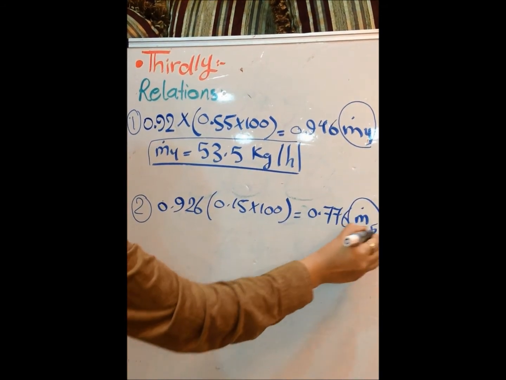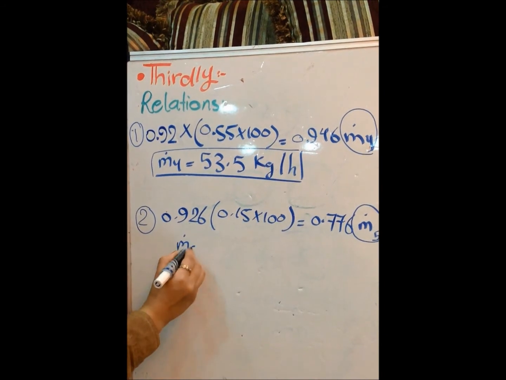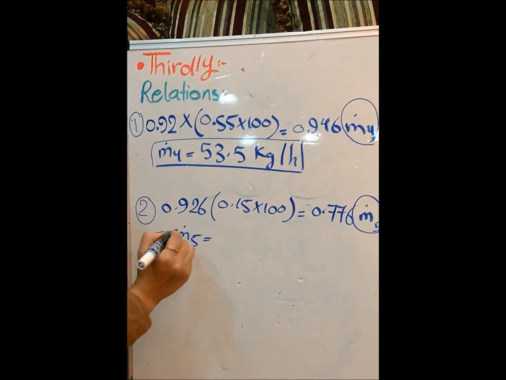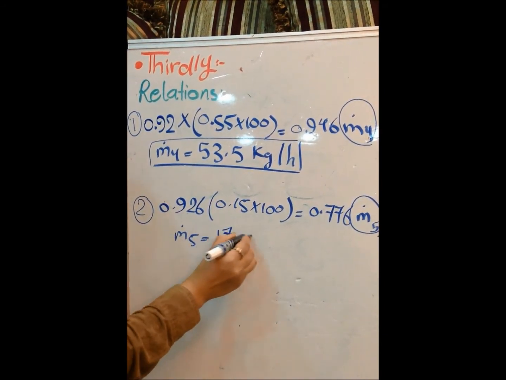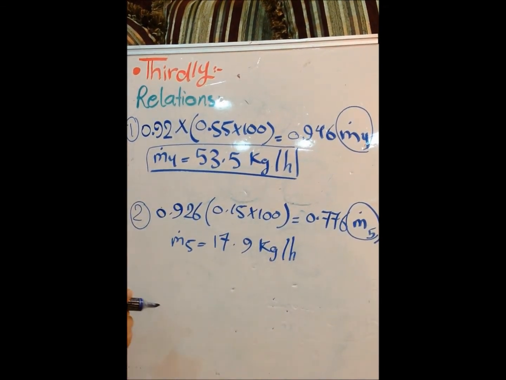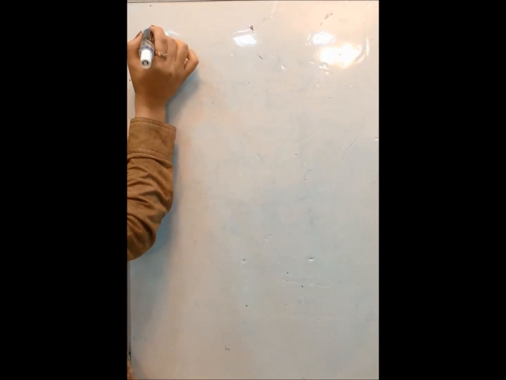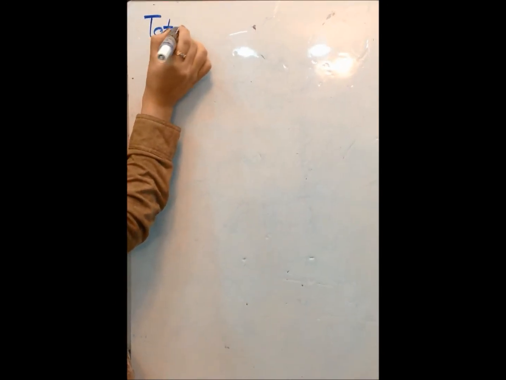So here we can find the mass flow rate of the fifth stream from our calculation, which will be equal to 17.9 kilograms per hour.